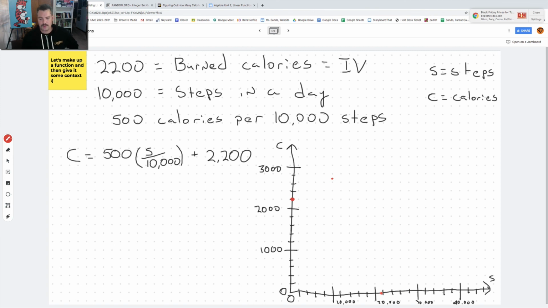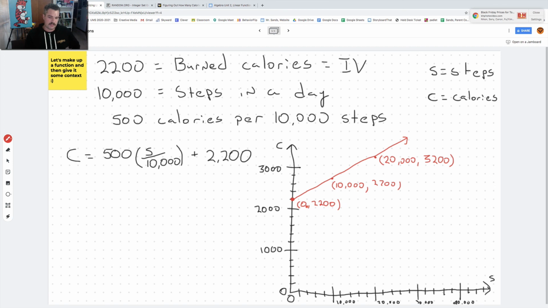And then I don't know if we have the next point on this graph. 20,000 would be 1,000 more. So I guess, yeah, it would be pretty close right here. So 3,200.